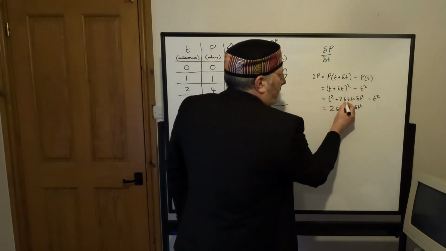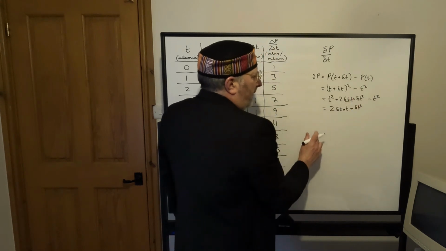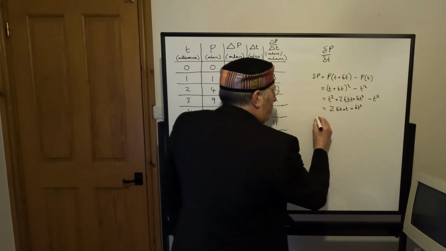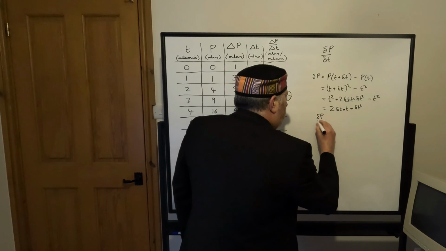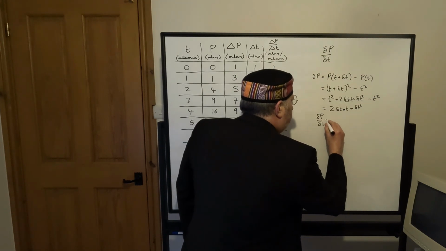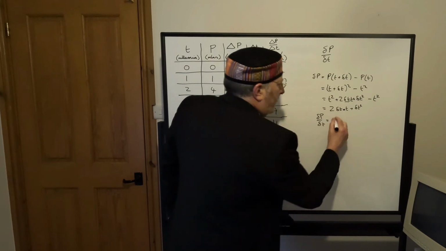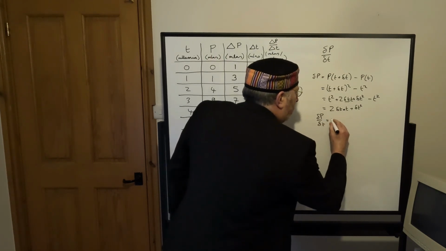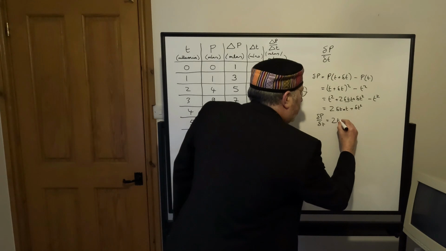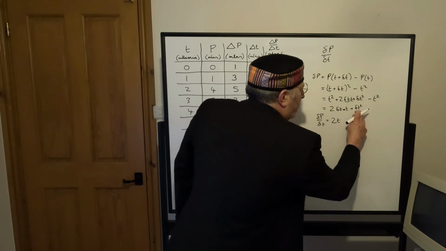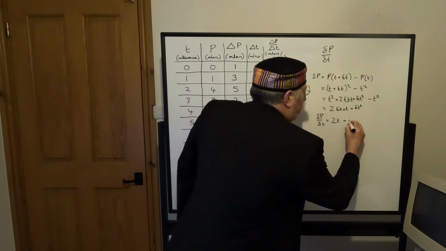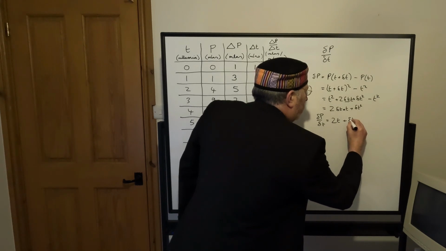And then delta p over delta t is going to be, dividing this by delta t, so that delta t cancels, we're just left with 2t, and delta t squared divided by delta t, we're left with just delta t.